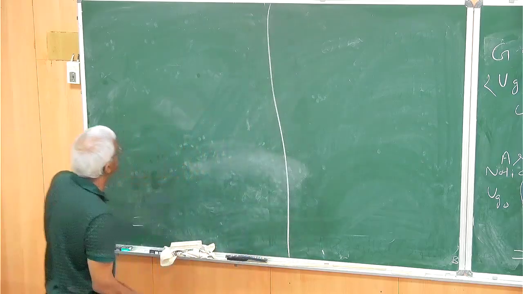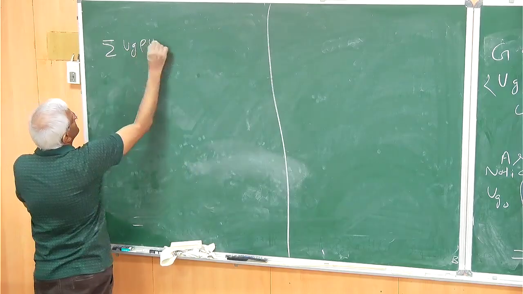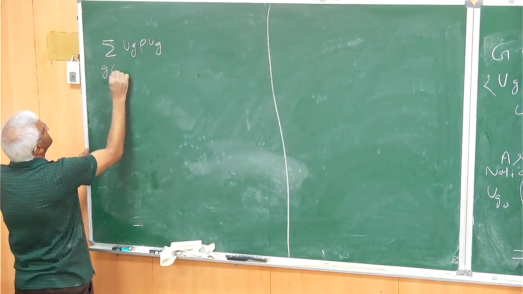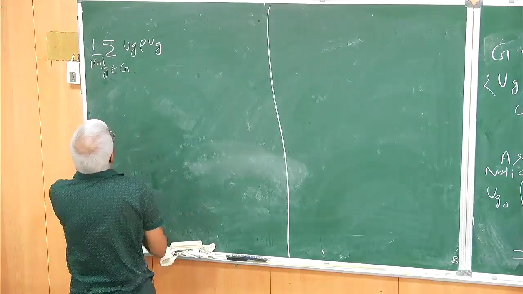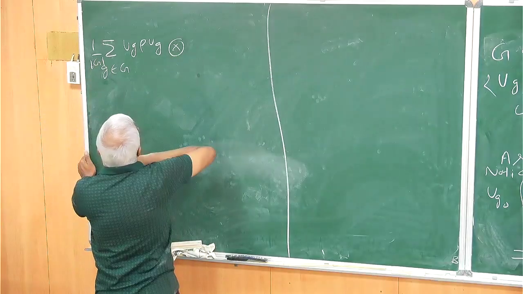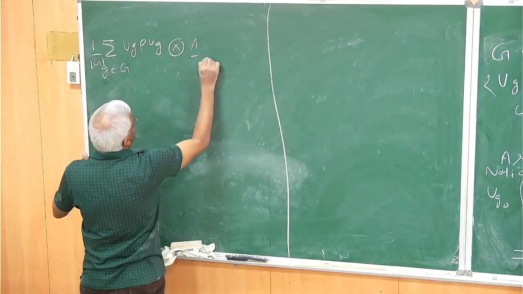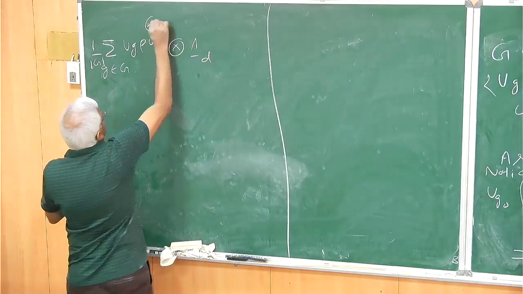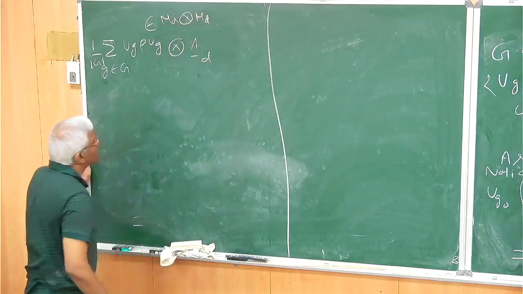So from that, it follows that summation over g in G of 1 by mod G, U_g rho U_g star, tensor 1, is in M_D tensor M_D.